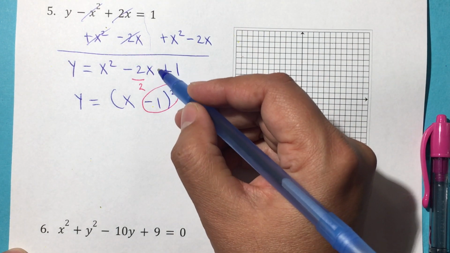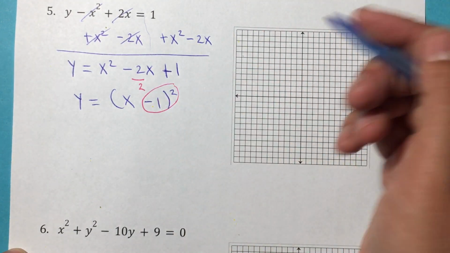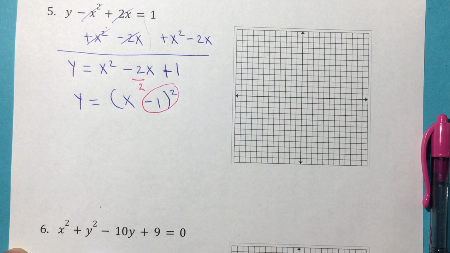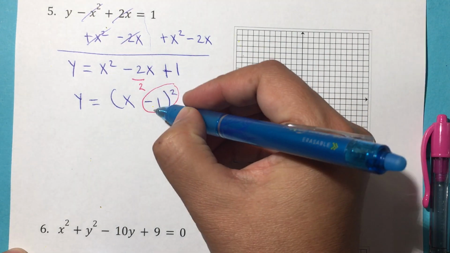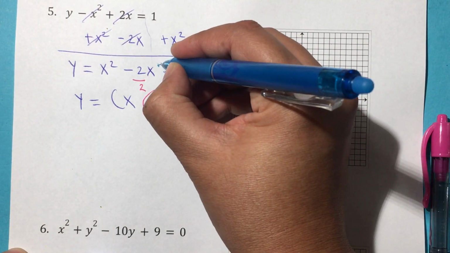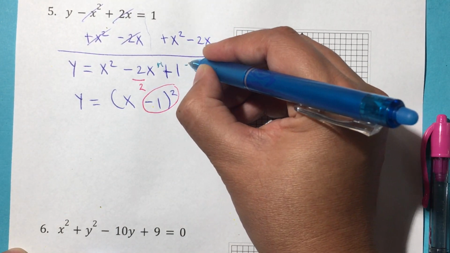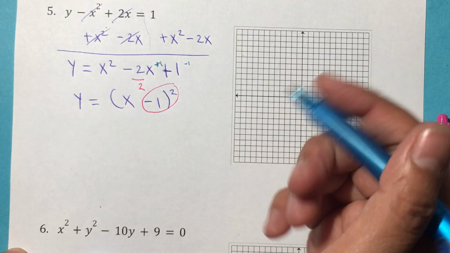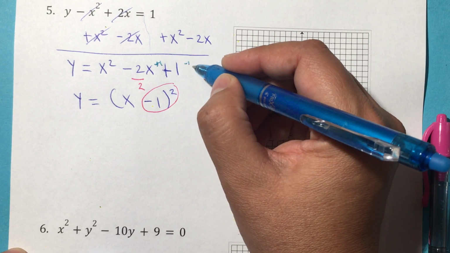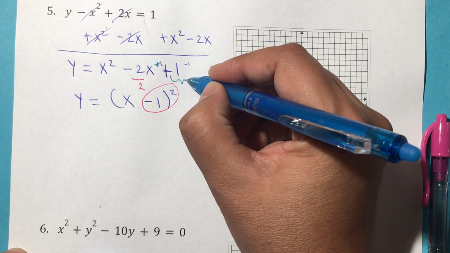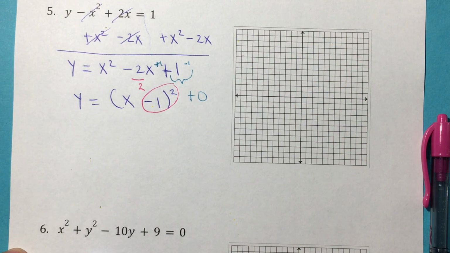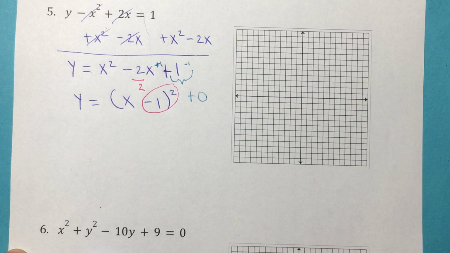We don't need to add 1 and subtract 1, because at the end, you will end up with 0, right? Let me show you if I can erase it. So -1 times -1 is +1, but if you add 1, you have to subtract 1 to add basically 0, because it's on the same side of the equation. And so when you simplify it, 1 minus 1 is 0, so plus 0 in here is the same thing as not having it, okay?